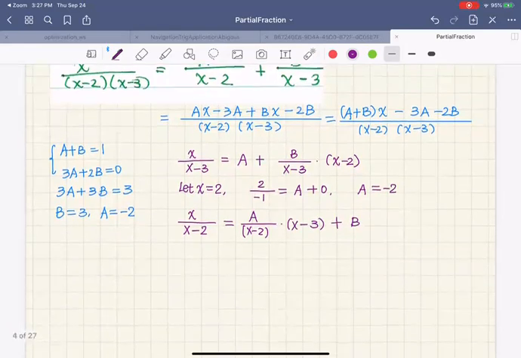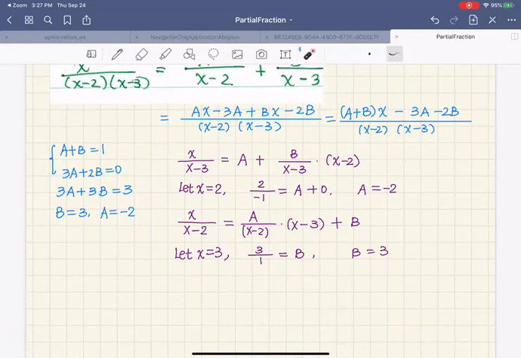Now I'm going to let x equals to 3. If x equals to 3, the left one is 3 over 1. And this guy is 0. So b equals to 3. All right. Does that make sense? Yeah. Okay. So this is called a partial fraction.